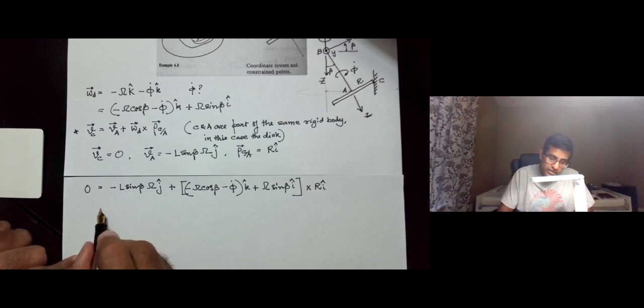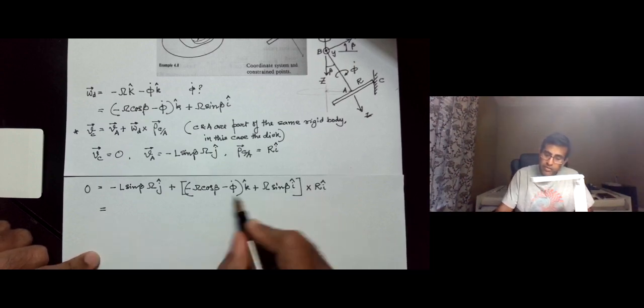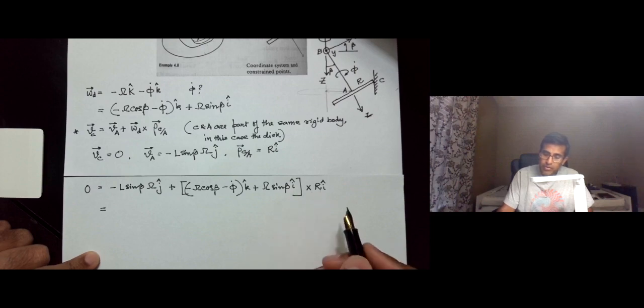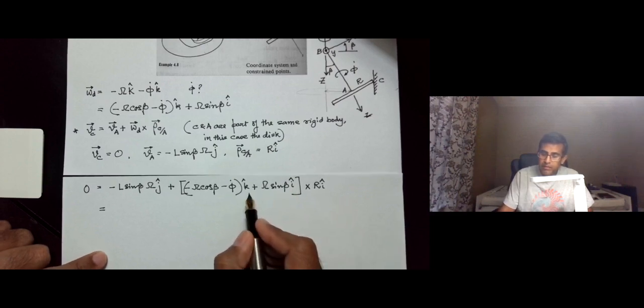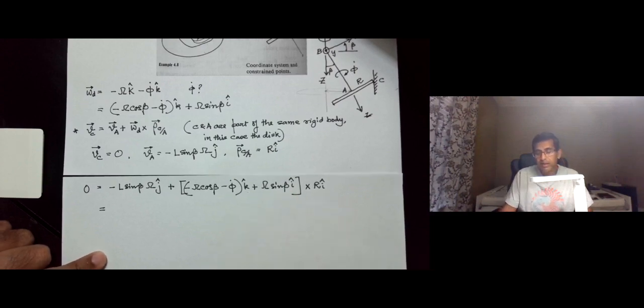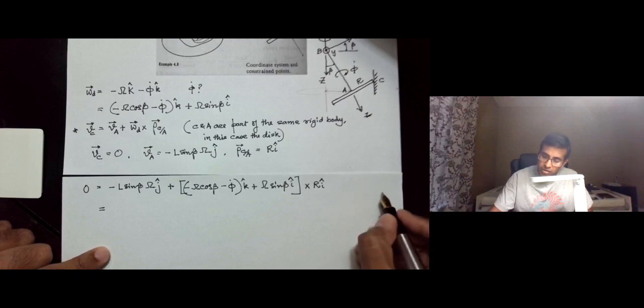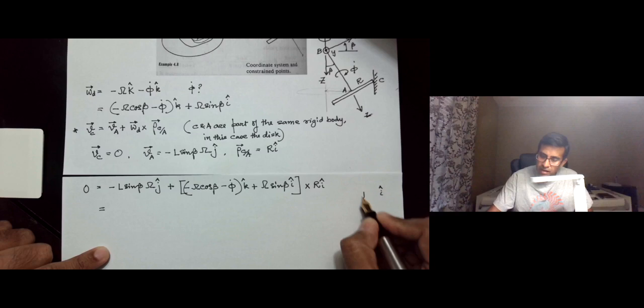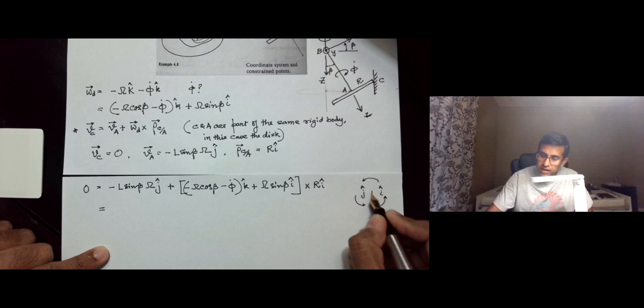Right, so we can see that once we do this cross product, i cross i is going to be 0, so the only thing that will be non-zero is the k cross i, and k cross i gives us j, because our right-handed coordinate system is i, j, k, with the cross products taking place in this manner.